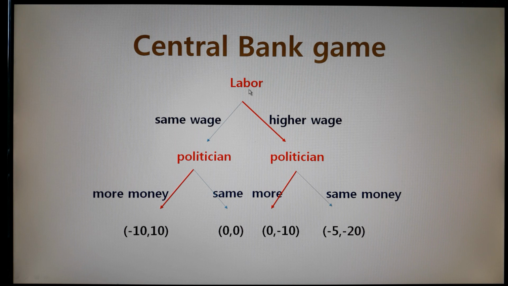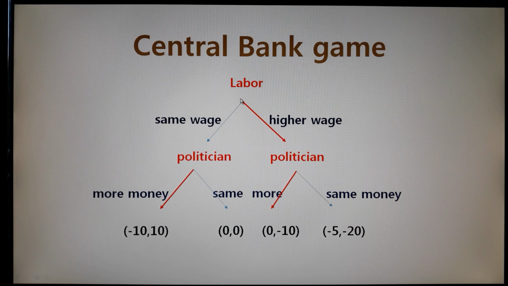So what would be a bad thing? They maintain the same wage, but politicians print out more money, and the labor gets negative 10 because their real wage would decrease. It's like their wage is 0% increased, the inflation is 10% because of more money, then their real income decreased, they got poorer than before.